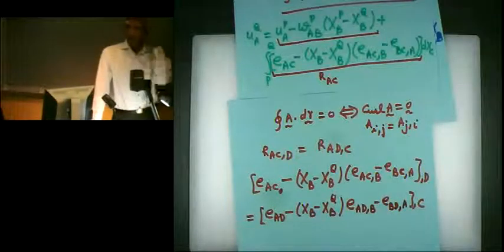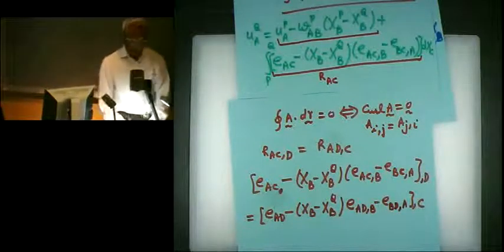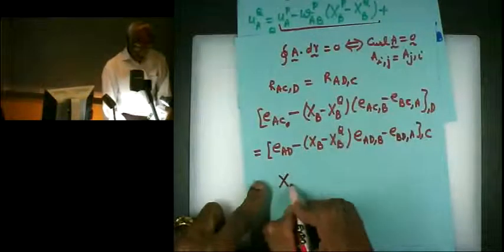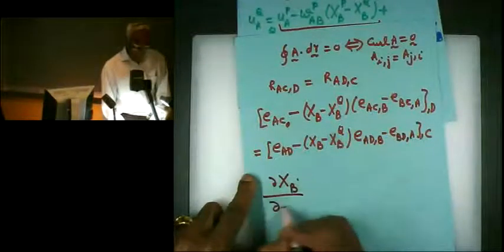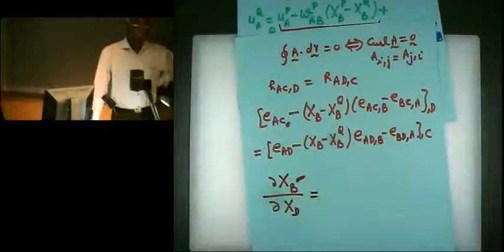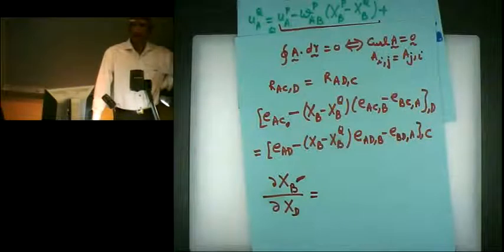So if you substitute the value of R, then you get this. And one more step: what will be the derivative of this? What is the derivative of delta x_B over delta x_D? It's the Kronecker delta.